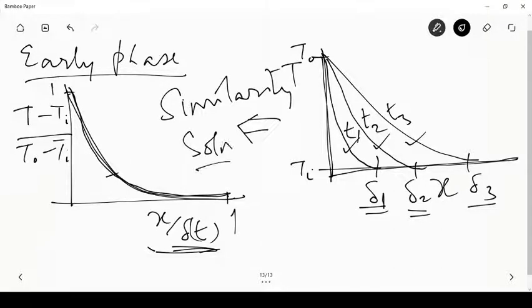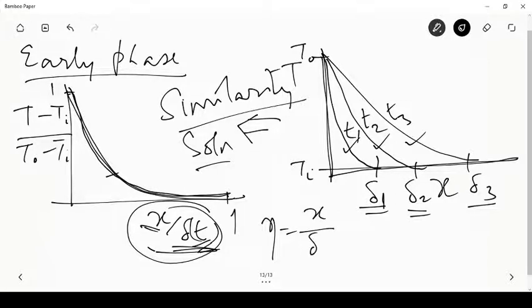And when you do a similarity solution, the two independent variables here, which are t and x, get combined into a single variable called eta, which is x divided by delta of t. Now using this eta, we should be able to collapse the partial differential equation which we started with into an ordinary differential equation in just one independent variable eta. That is the mathematical method that is typically followed for solving this.